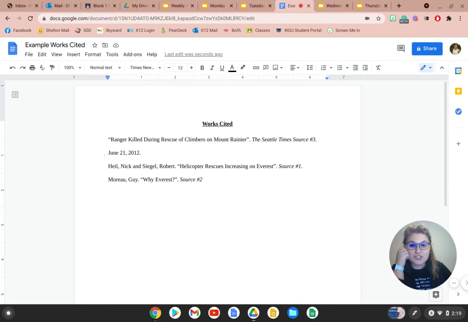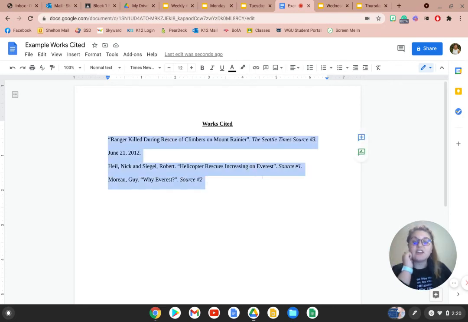And here's an interesting thing you need to learn about works cited. If it's more than one line, you want the second line to be indented. Whoever made up this rule, I have no idea, but it is a rule with works cited. How you're going to do this is you're going to highlight the entire thing. You're going to move this chunk, I don't know what this is called, this blue chunk that's up here.